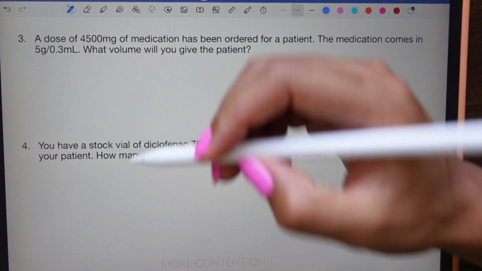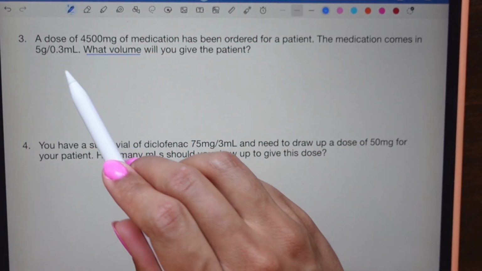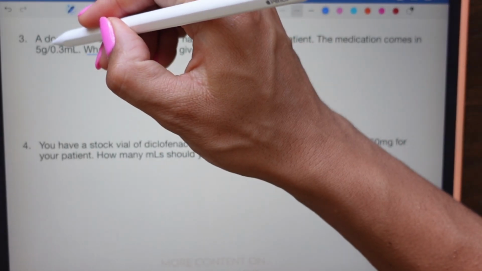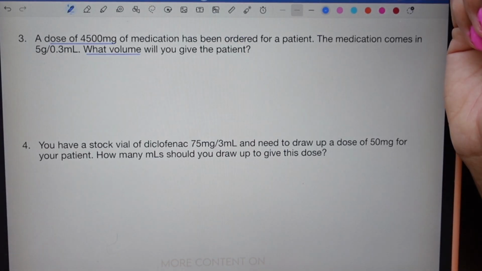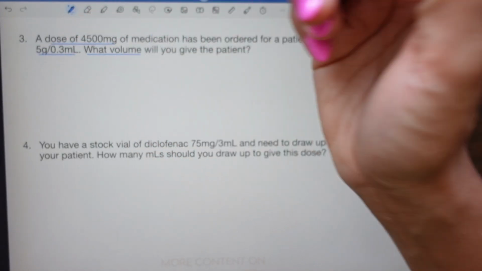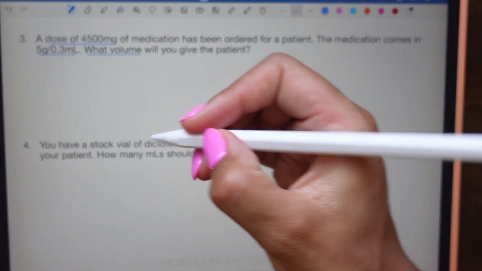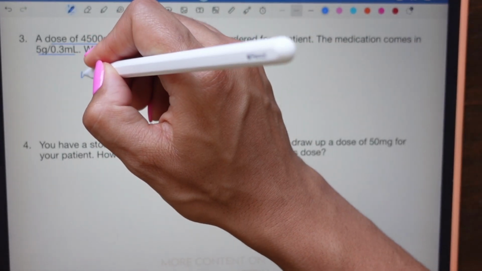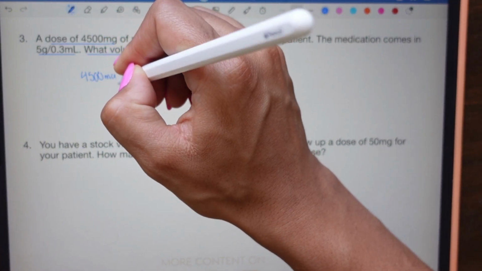All right, so this question is asking what volume we're going to give, and it tells us our dose is 4,500 milligrams, and the medication comes in 5 grams per 0.3 milliliters. So if we remember our formula, what the patient needs is 4,500 milligrams.